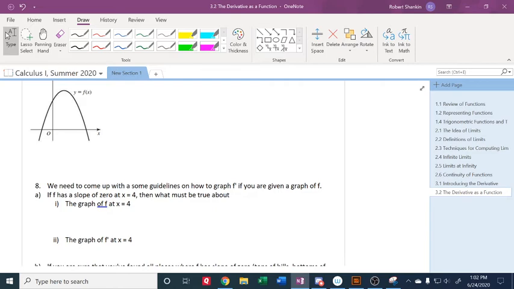All right, let's go to group 5. What do you have? What must be true about the graph of f at x equals 4? Anybody in group 5 here today? All right, let's go then to group 6.